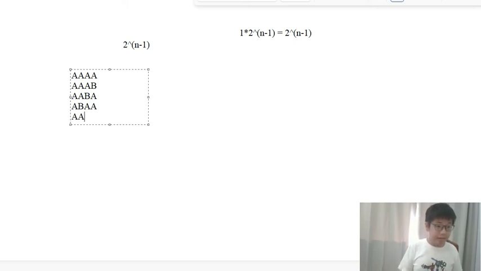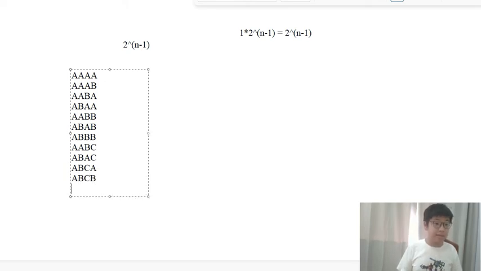So it'll be AAAA, AAAB, AABA, AABB, ABAA, ABAB, ABBA, ABBB, and then we have AABC, ABAC, ABCA, ABCB. So the third letter can be A, B, or C, and the fourth letter can be D. So ABAC, ABCA, ABCB, 1, 2, 3, 4, 5, 6, 7, 8, 9, 10.